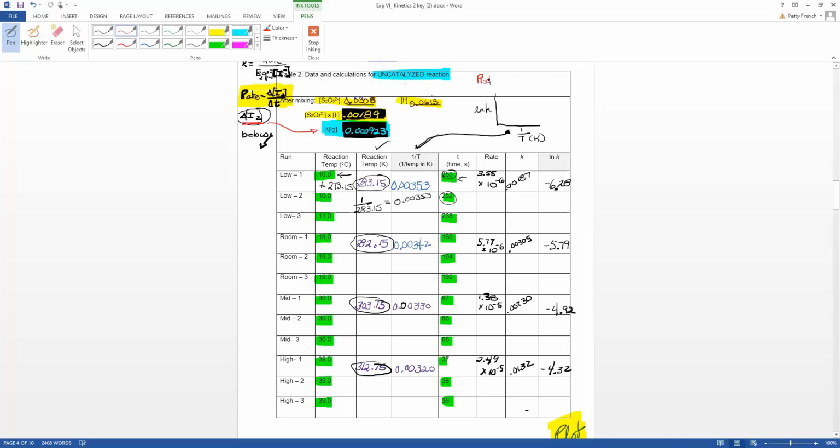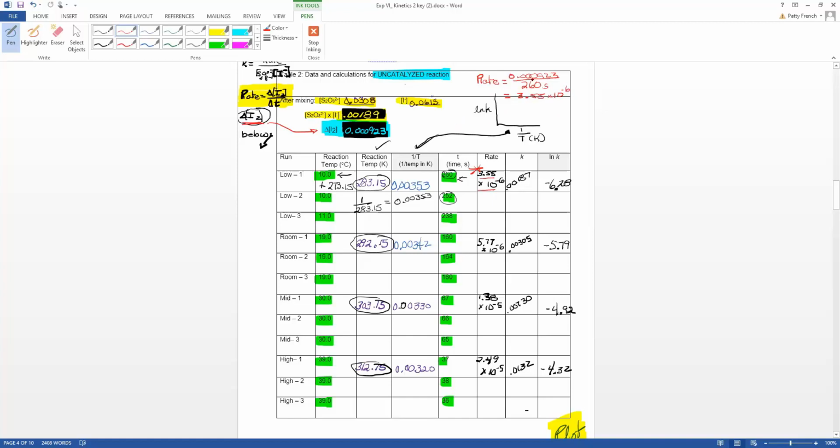Now my rate is that delta I divided by change in time. So rate, and I'm going to use this data right here, rate equals the change in iodine, 0.000923, divided by the time, which was 260 seconds. So this rate ends up being 3.55 times 10 to the minus 6th, which is exactly what I wrote here.